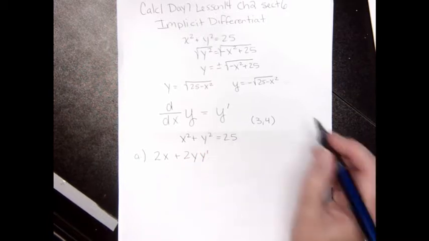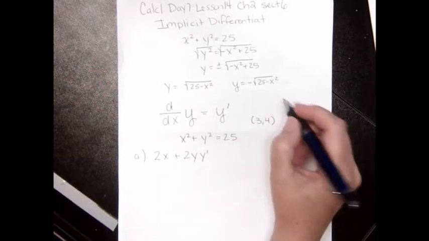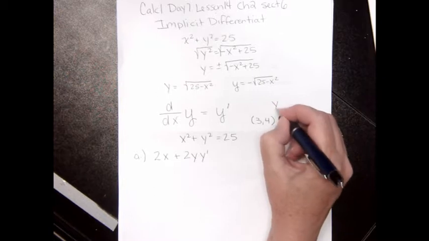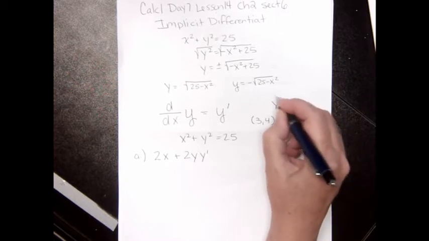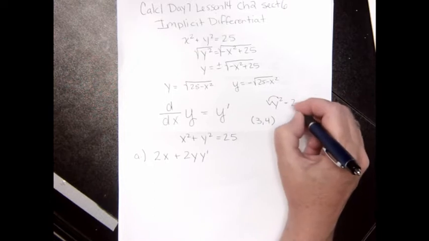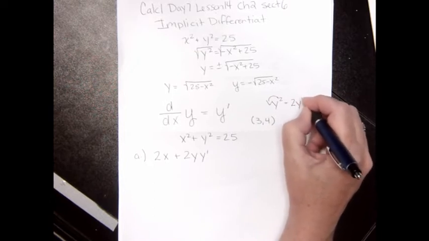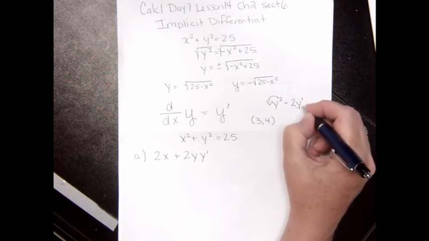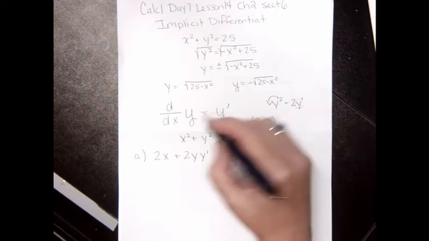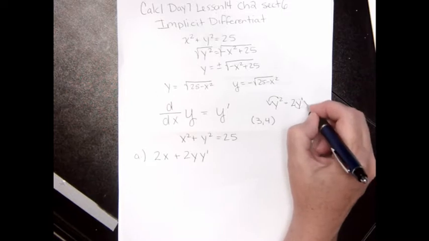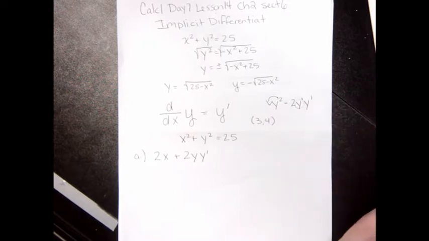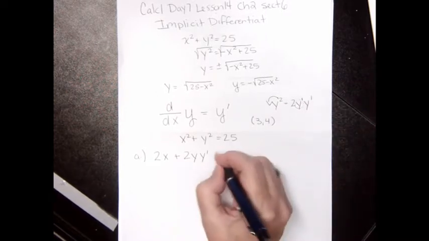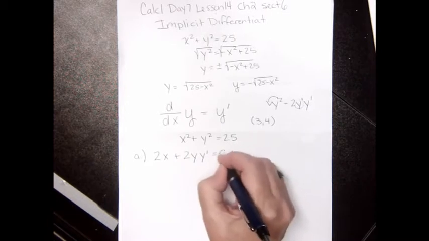Okay? So again, to note over here, whenever I differentiate y squared, I'm going to take 2y to the first using my power rule, but then I'm also going to differentiate y, and I told you that when you differentiate y, you get y prime. Okay? So differentiate 25, I get 0.